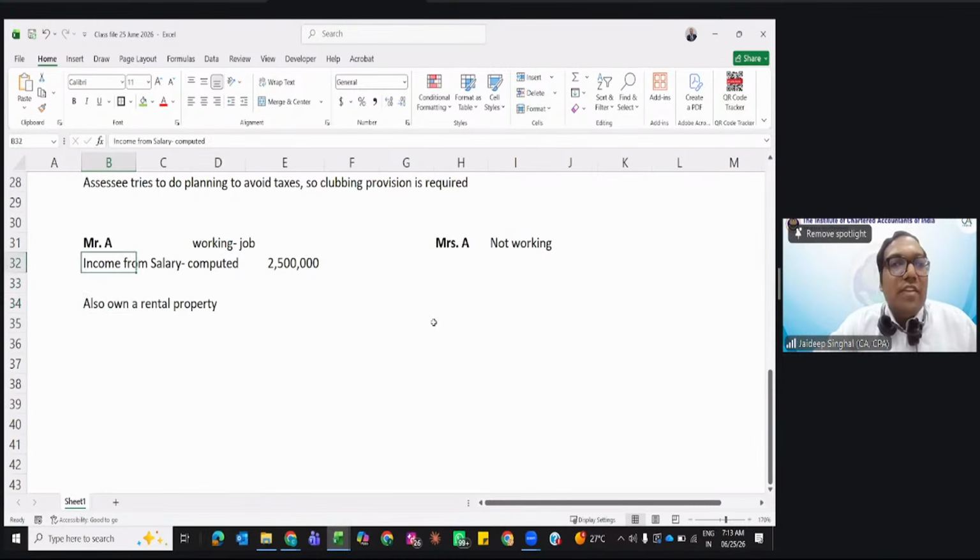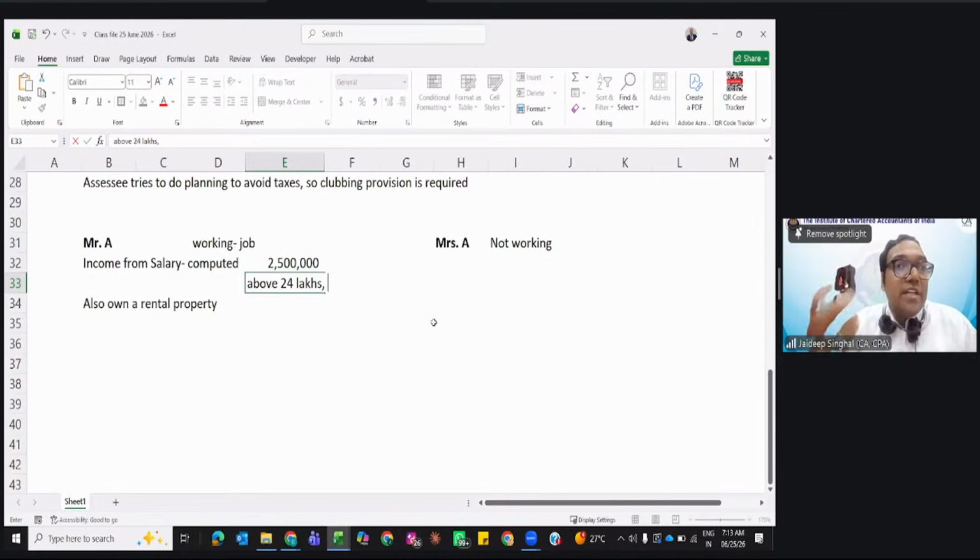What is the marginal tax rate applicable to Mr. A? What is the highest tax rate his income is going to? It is above 24 lakhs, so it is 30%. Marginal means if I earn new income, at what rate will it be taxed?